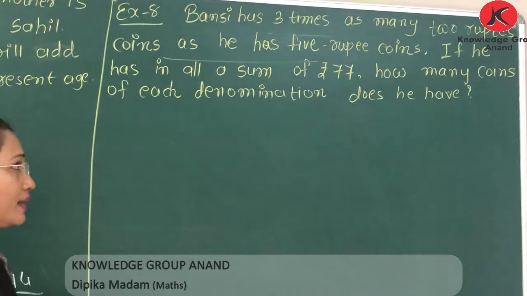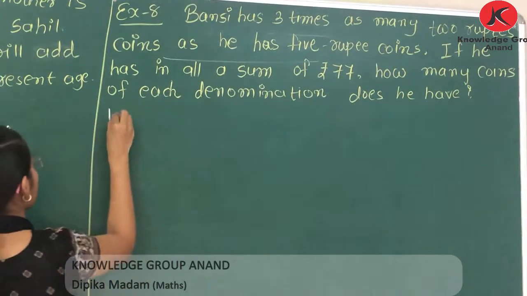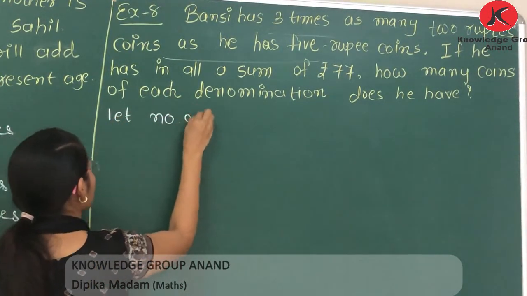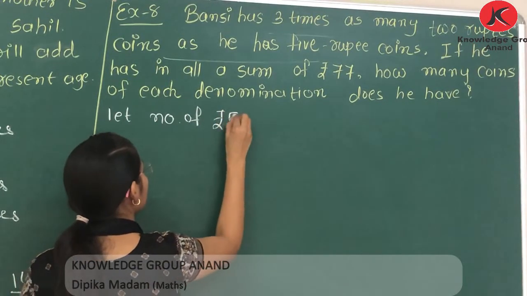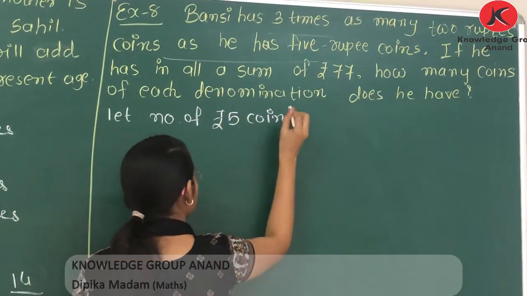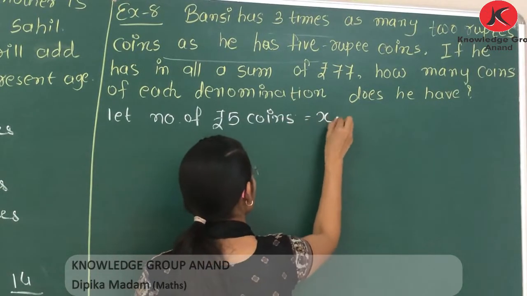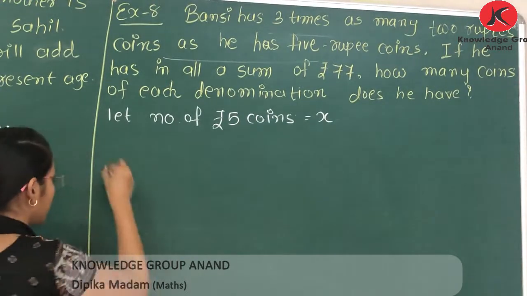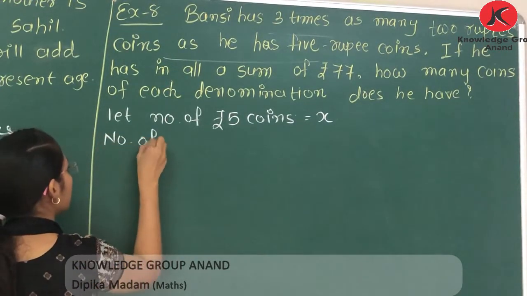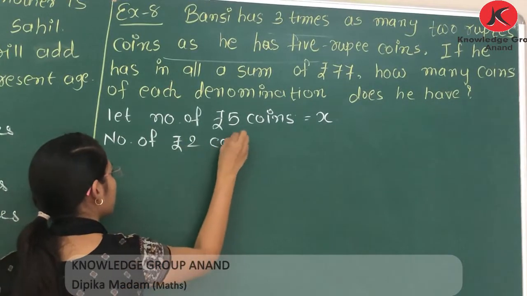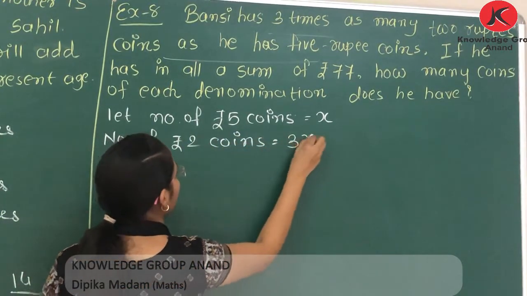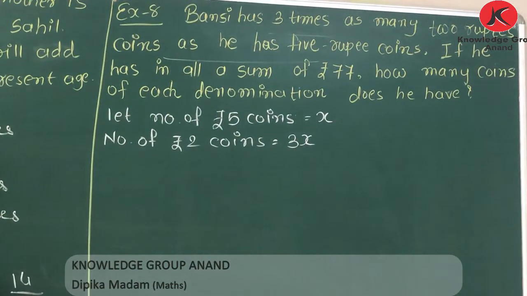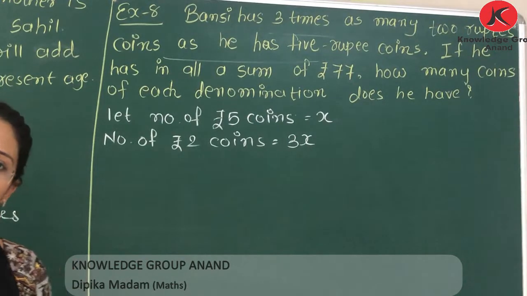So for example, let's say the number of 5 rupees coins is x. So what will be the number of coins of 2 rupees? Why? Because the number of 2 rupees coins is 3 times the number of 5 rupees coins.